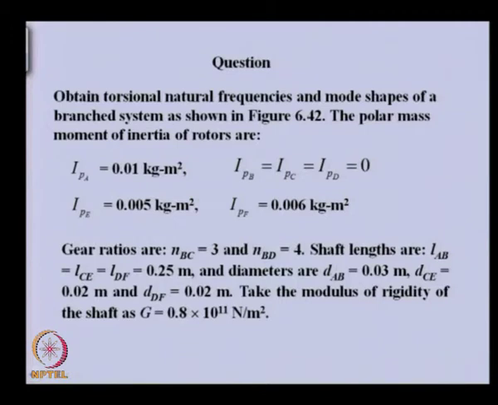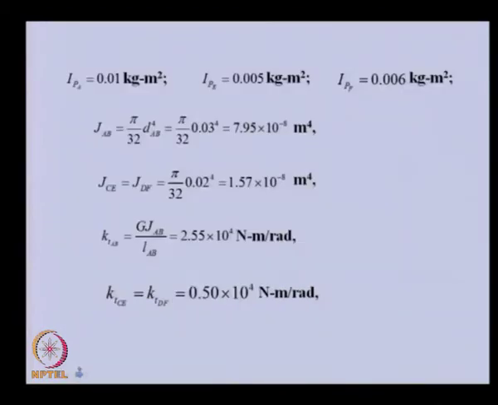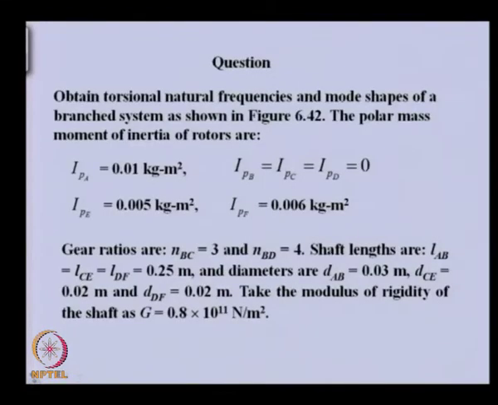And in this particular case, these are the polar moments of inertia of various disks. Polar moment of inertia of the gears we are neglecting, and the gear ratio between gear B and C is 3, and similarly between B and D gear is 4.